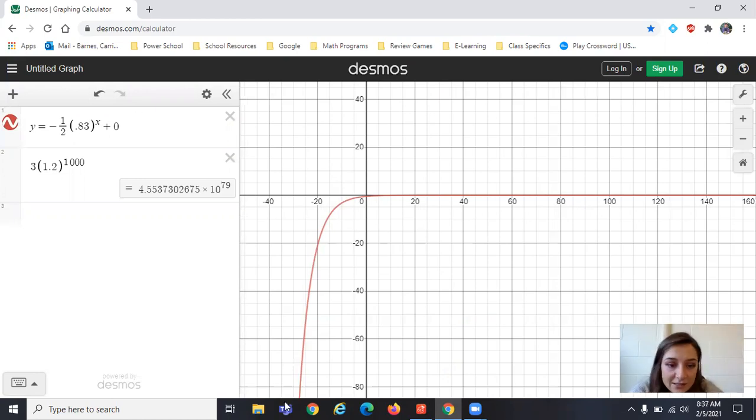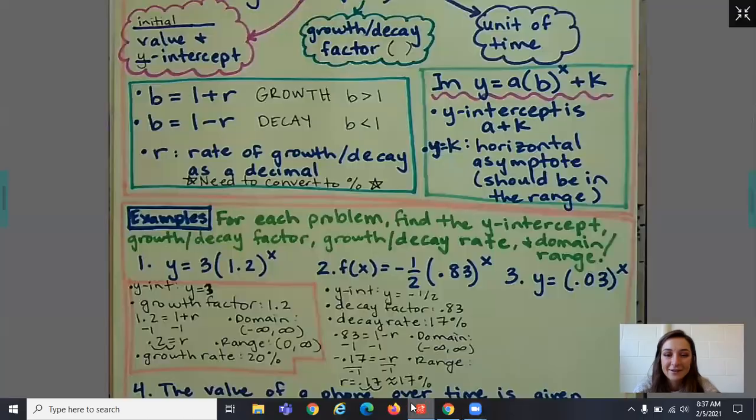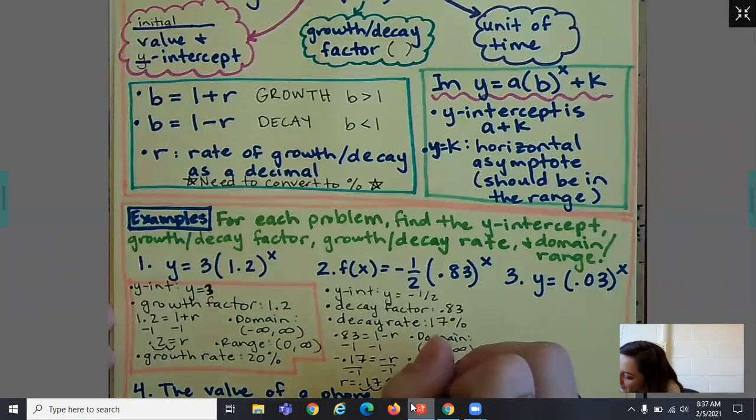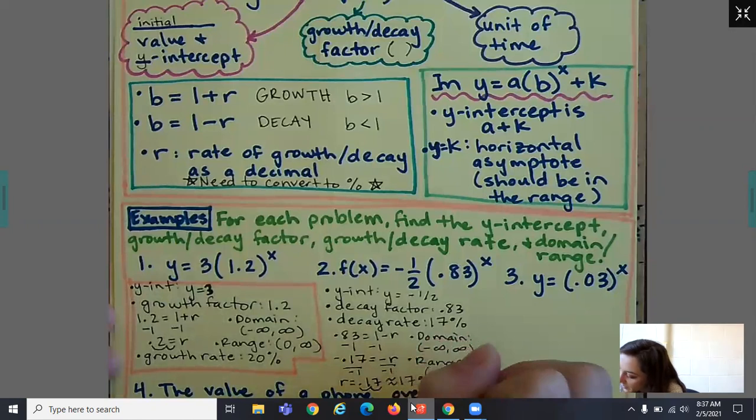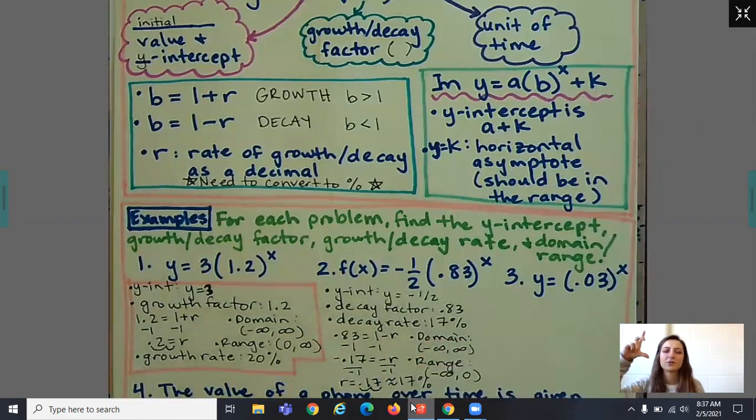So since this is approaching 0, but it's approaching from negative infinity, and it's not existing in positive infinity, this is going to be from negative infinity to 0. And it can't equal 0 because remember, it's just going to get really, really close, and then it's going to be like, nah, I'm not touching that.